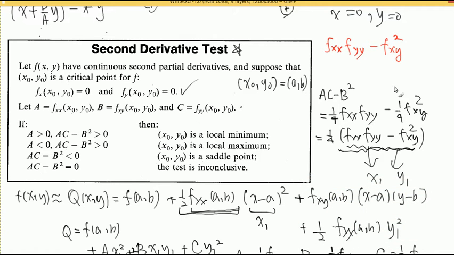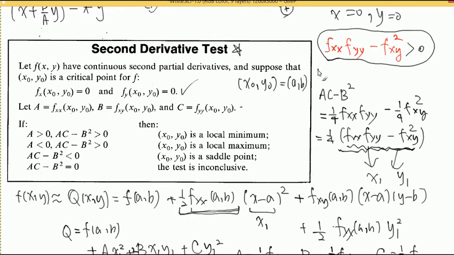If this is positive, it's an elliptic paraboloid, so it's either a maximum or a minimum. If this is negative, it's a hyperbolic paraboloid case, so it does not have a maximum or minimum. Okay? Rather than writing down A, B, C, I think this is more direct. So I wrote it like this.